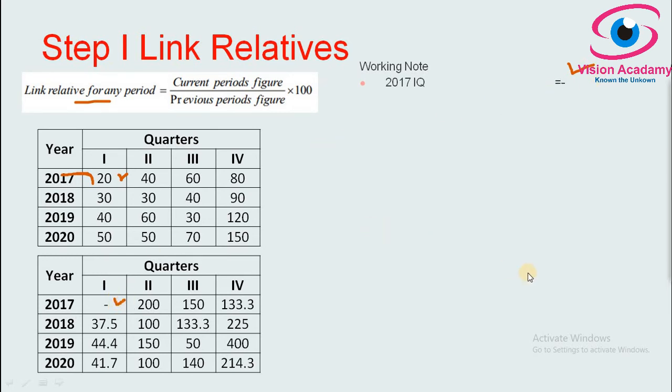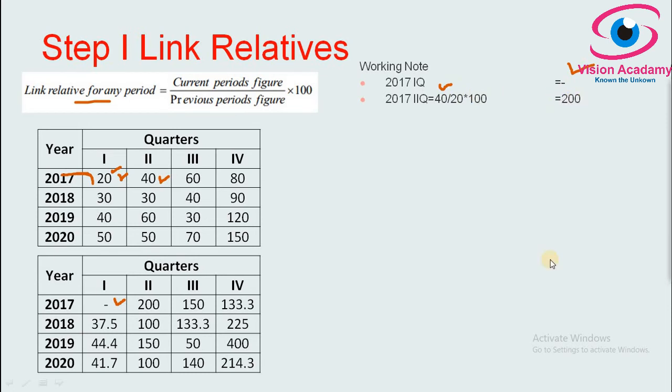And let us go for the second quarter of 2017. Here the current period figure is 40 and the previous period figure is 20. So 40 by 20 into 100, which is 200.